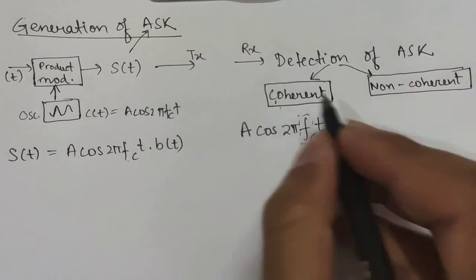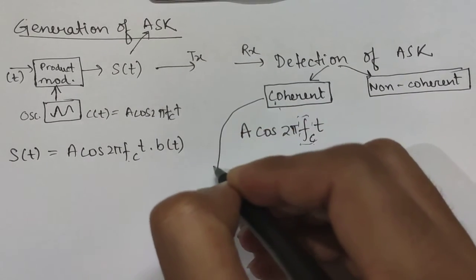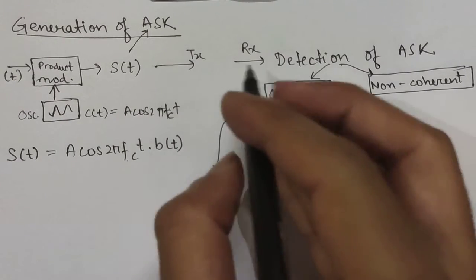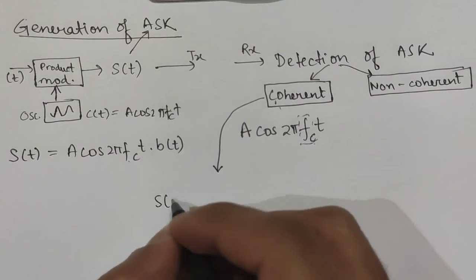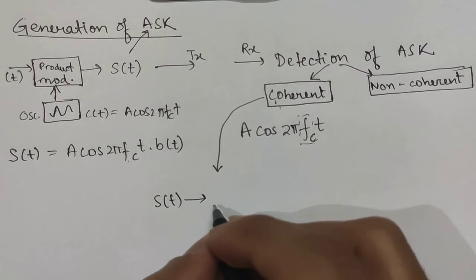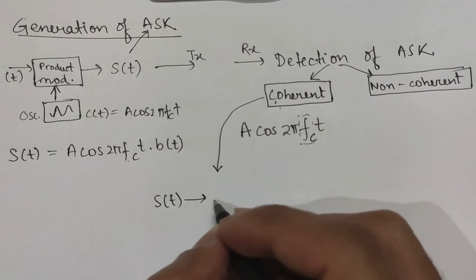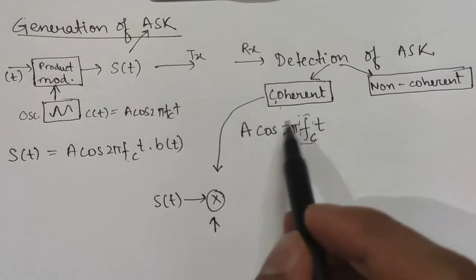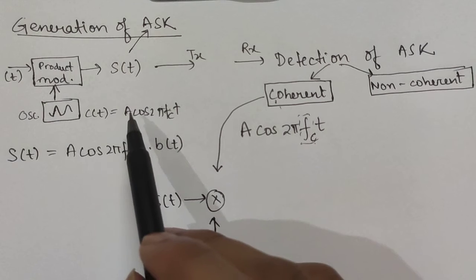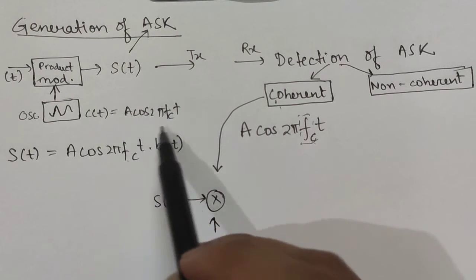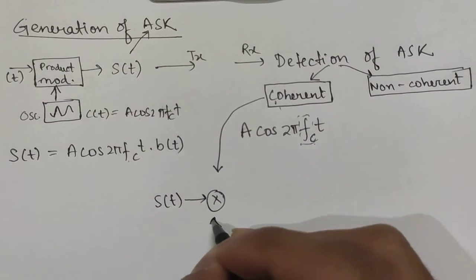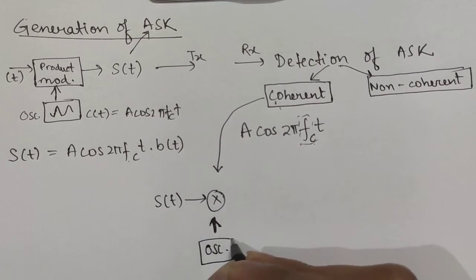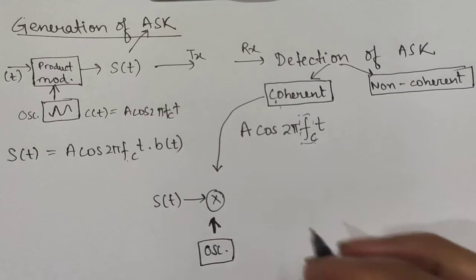Now I will draw the coherent block diagram here. The received S of t signal, that is the ASK signal, is passed to a product modulator again, and since I have already mentioned we are going to use the same carrier frequency which we used for generation, we will have an oscillator that is going to produce the same frequency component.